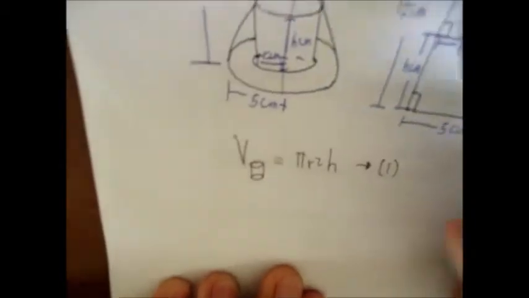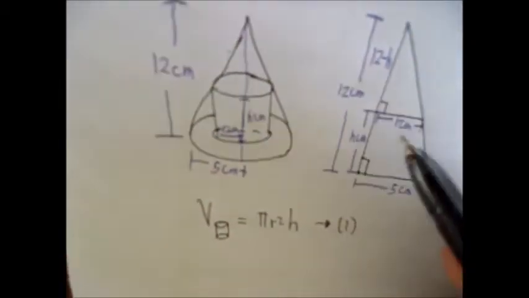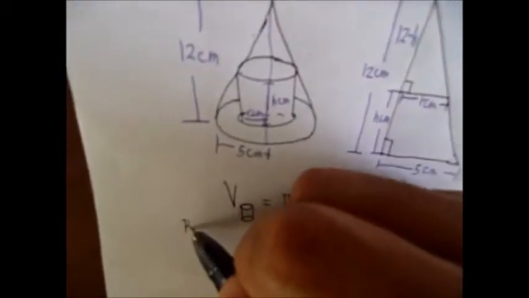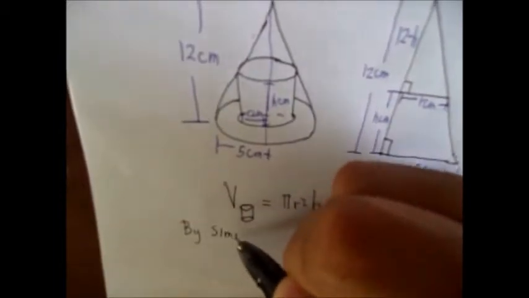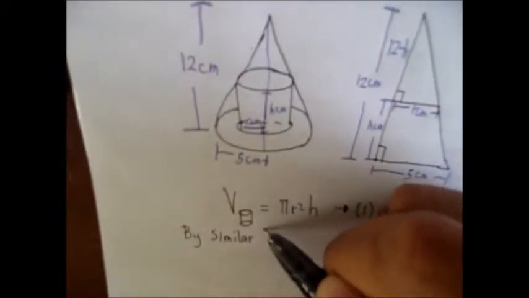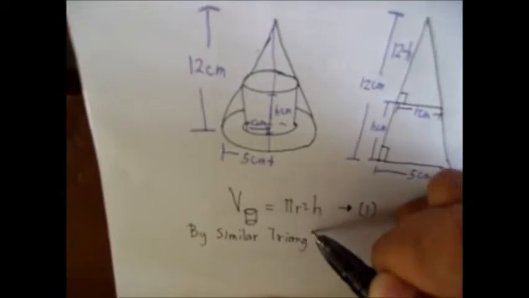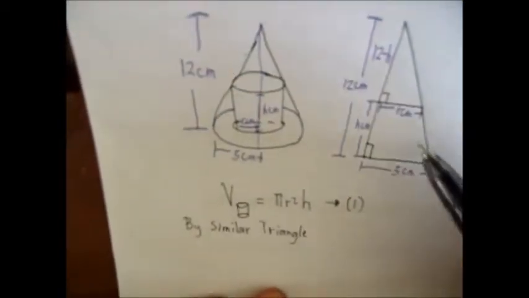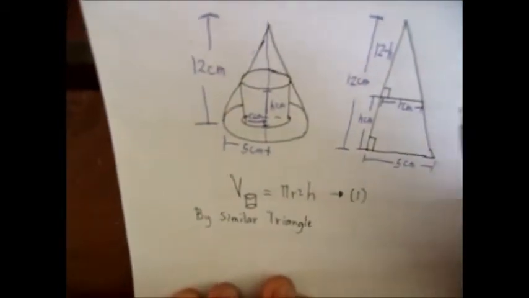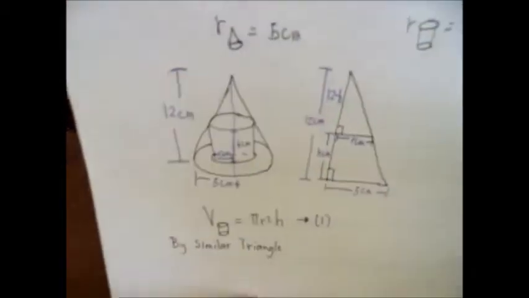And now from this illustration, we can use similar triangles. The biggest triangle corresponds to the smallest triangle.